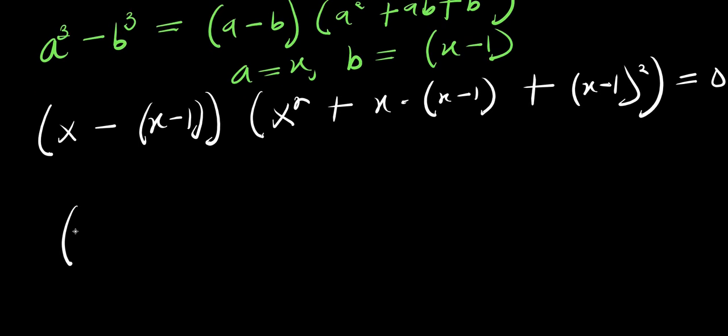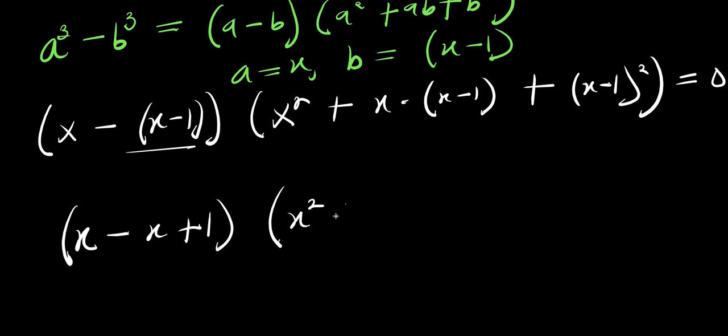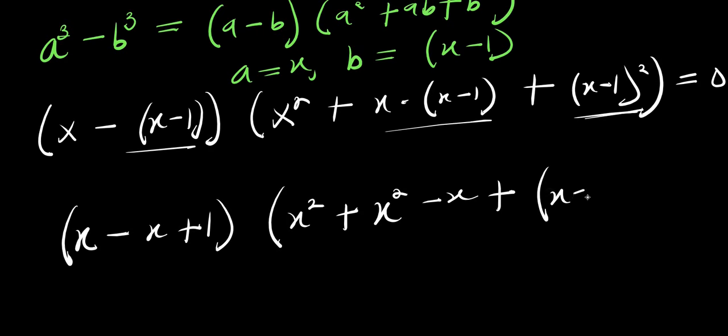So from here, we have x minus, expand this, is minus x plus 1, times x squared plus, expand this, is x squared minus x, plus, to expand this, you have (x minus 1) times (x minus 1), equals 0.